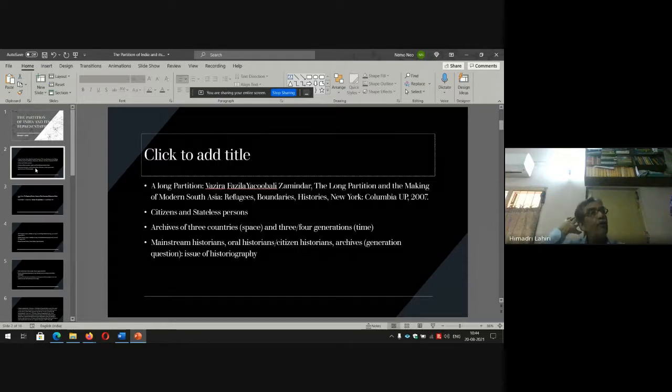And for methodology, they are embracing new kinds of theories like post-memory, like trauma studies, like intersectional studies, like memory studies. So these are new methodologies which are being explored by the new research scholars.